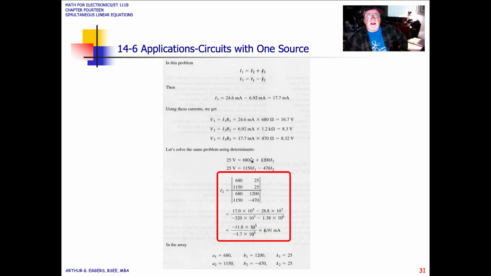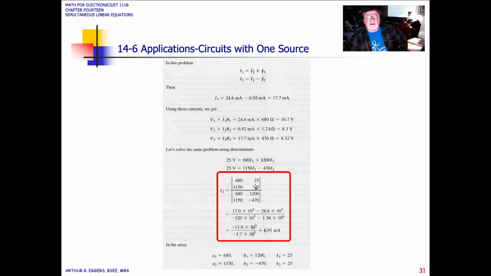If we take a look at it, we have A1 and A2 here in the first column, 25 and 25 in the second column. Here we have A1 and A2 in the first column. Here we have B1 and B2 from the second column. So we've got this set up with each of the elements for current I2 ready for the determinant.